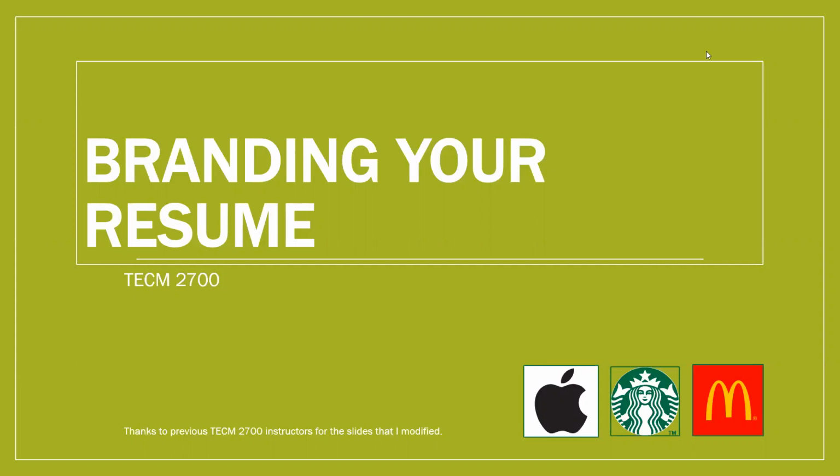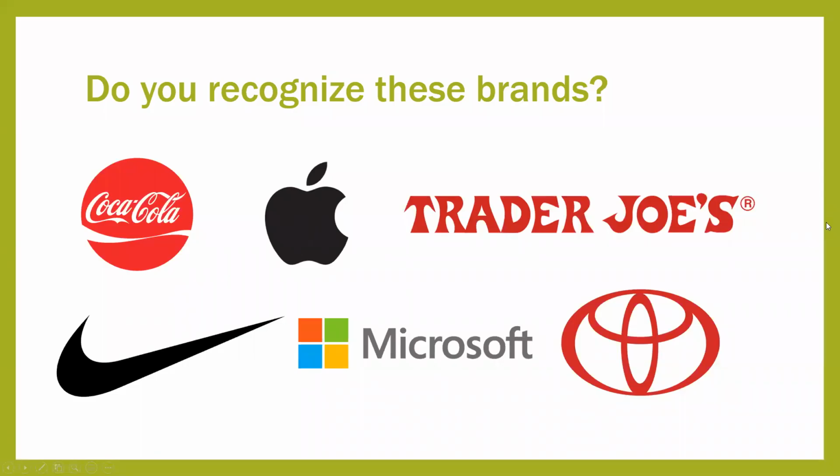So the first thing that we will talk about, if it'll let me switch, there we go. All right, do you recognize these brands? Whenever we talk about branding yourself, think about what that means in the context of a brand in general. You can see Coca-Cola, which is spelled out, so you know that it's Coca-Cola because it tells you.